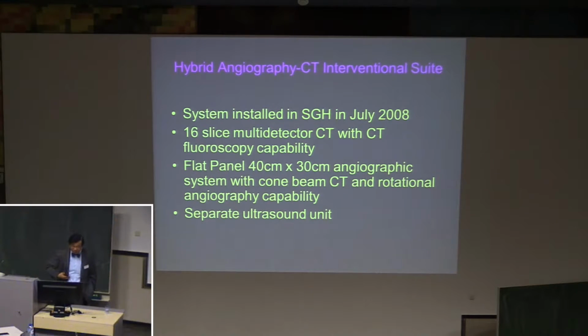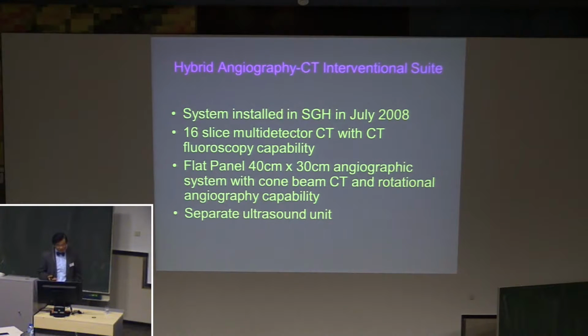Now, I'm glad to share with all of you our experience in Singapore General Hospital, where we installed a unit in 2008. Basically, this system has a 16-slice multi-detector CT with CT fluoroscopy capability.